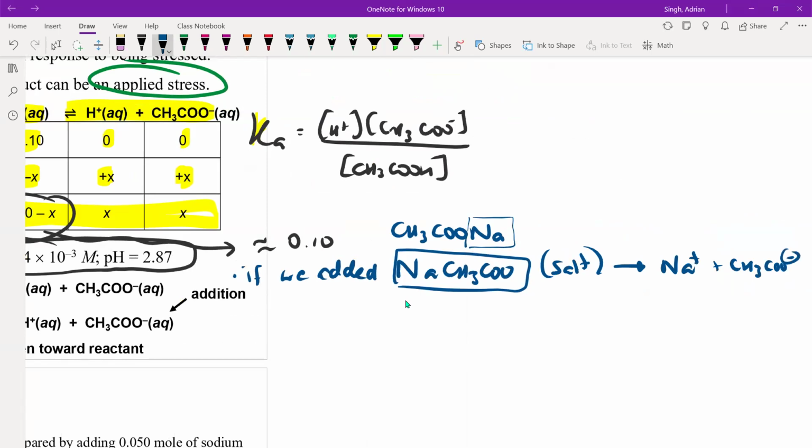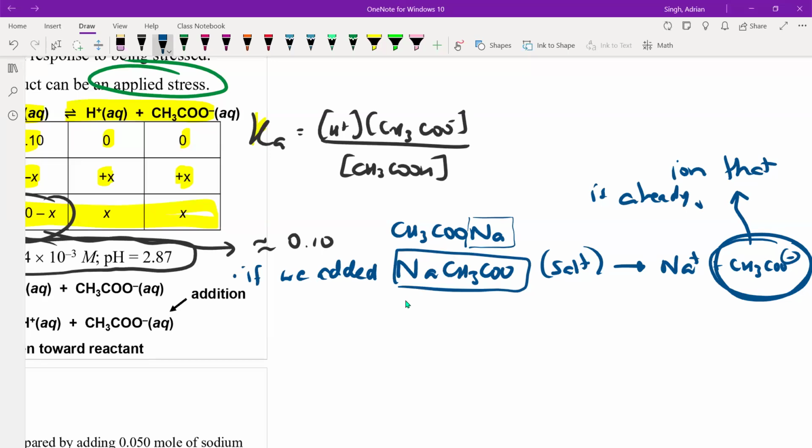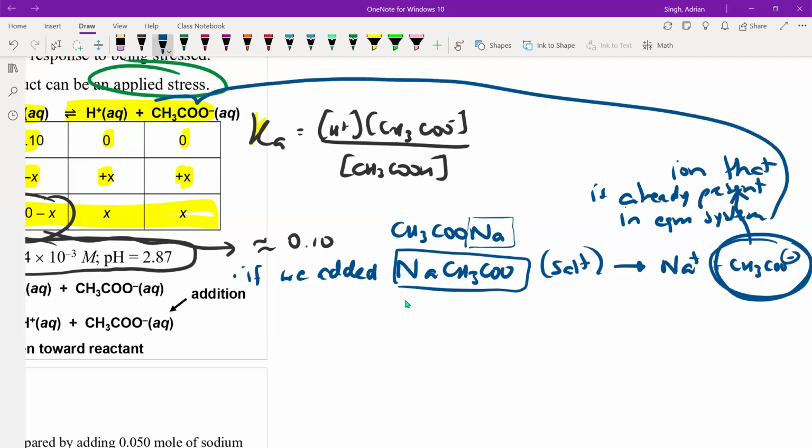So if we added some of this, guess what? We're actually adding some of the acetate ion, which is an ion that is common, or that is already present in our system. It is already present on the product side over here.